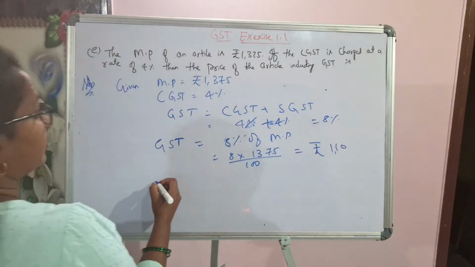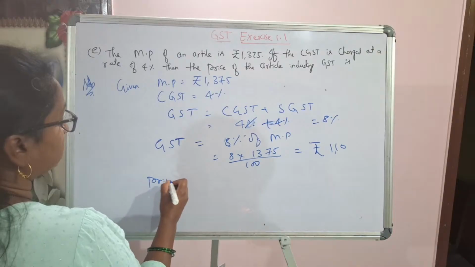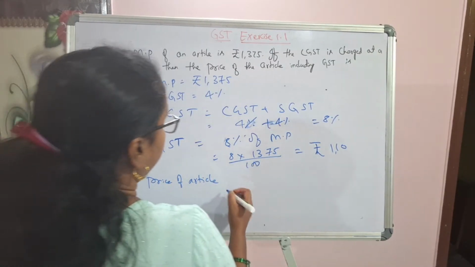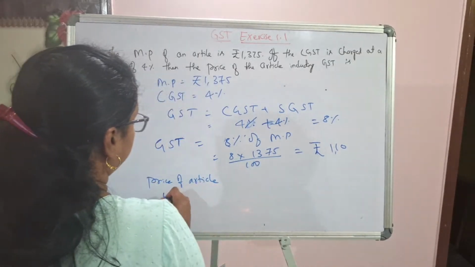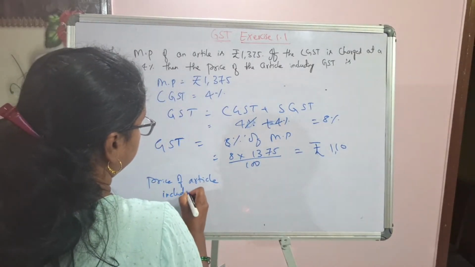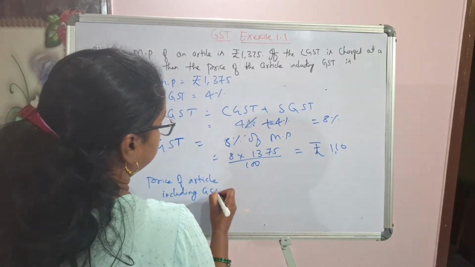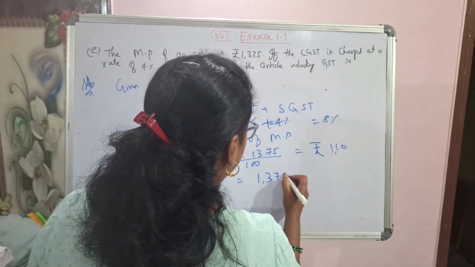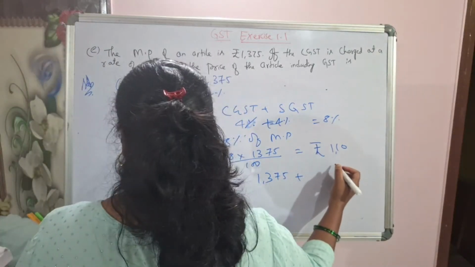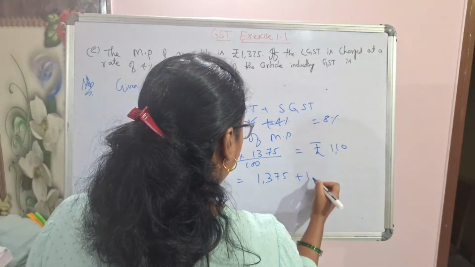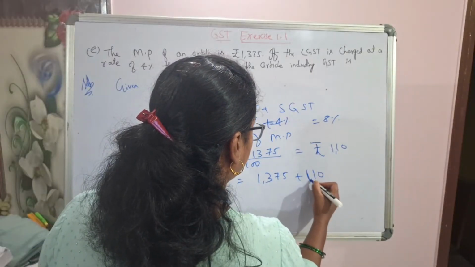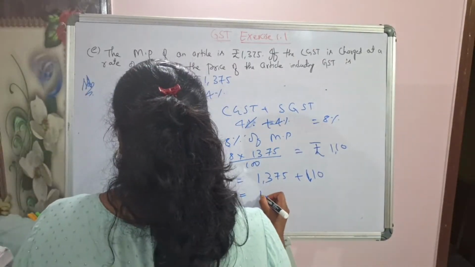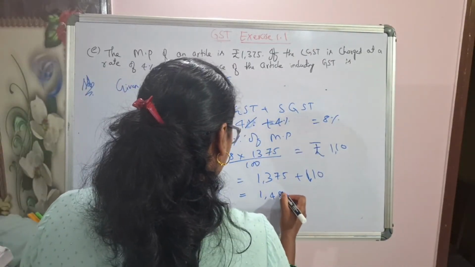Then the final price of the article including GST is equal to 1375 plus the GST amount 110, which is equal to 1485.